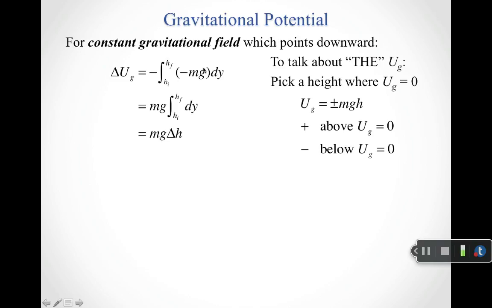Okay, so if I have a constant gravitational field, and one that points downward, say at or near the surface of the Earth, then we went through and said the change in the gravitational potential energy I end up getting by this mg delta h.